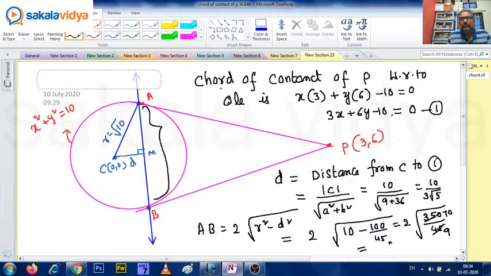That means 2 root 70 by 3. This is the answer. 2 root 70 by 3 is the right answer.